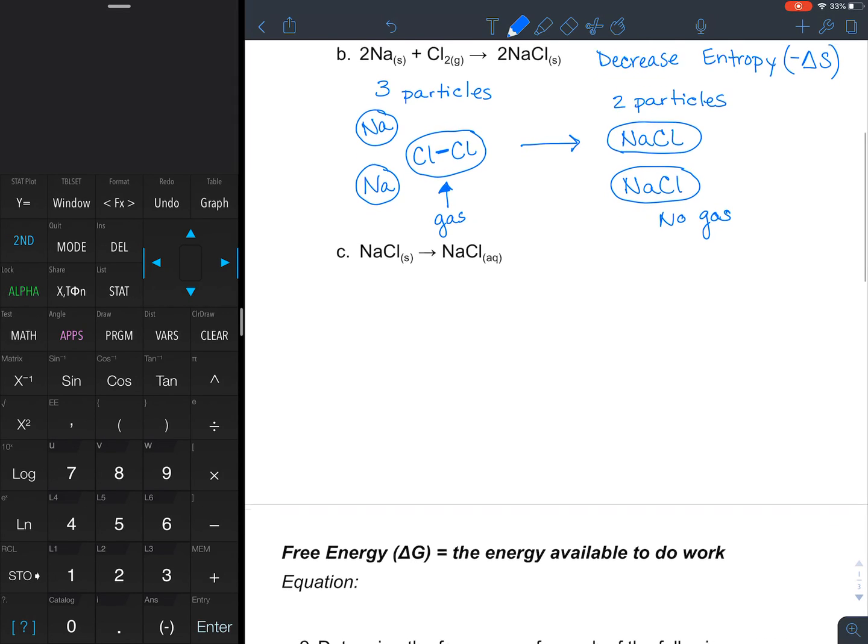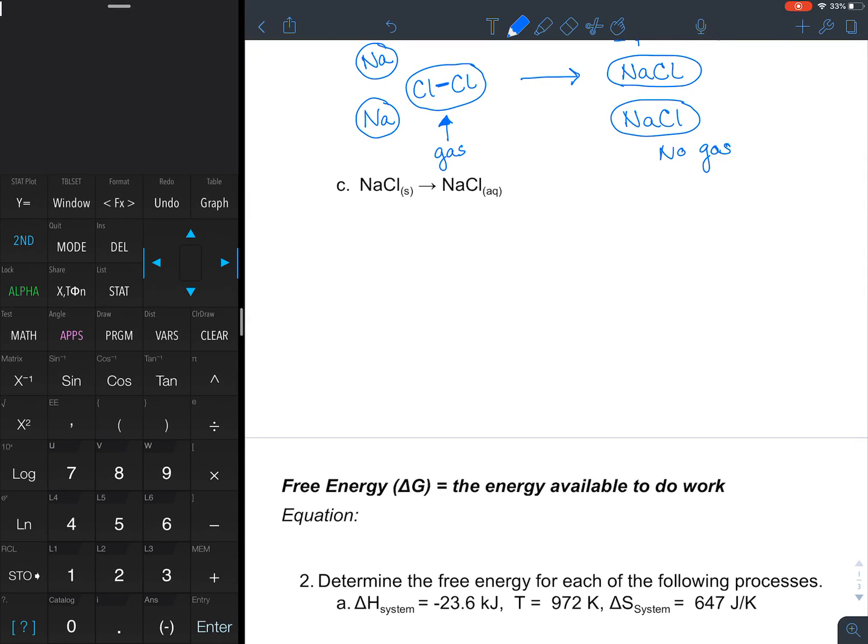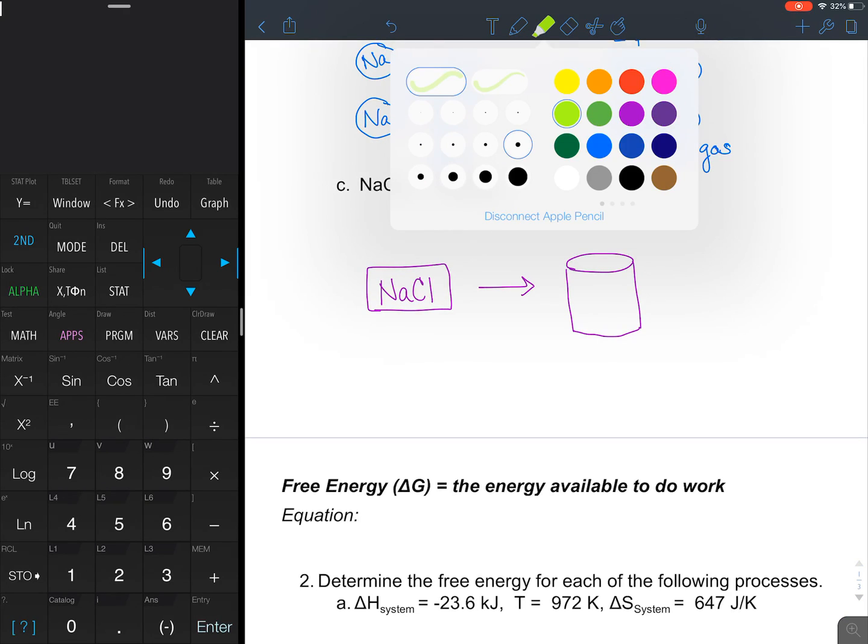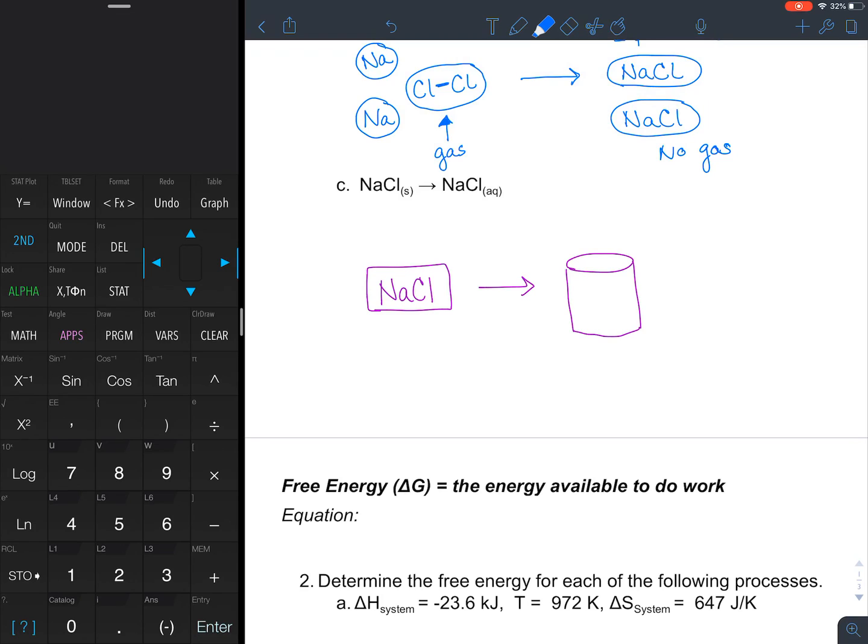In the third example that we have here, we have sodium chloride that is going to be solid. So we're going to have NaCl as a solid in a fixed position here. And then on the other side, we're going to put that into a beaker with some water, so let's get some water in there.